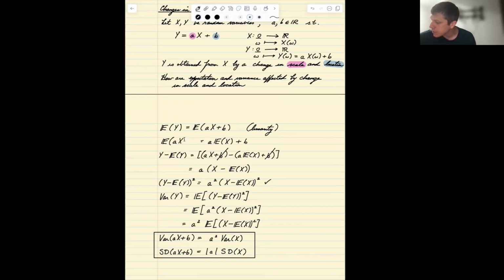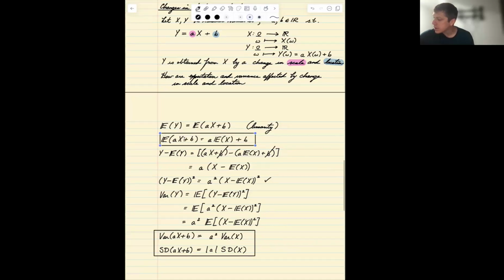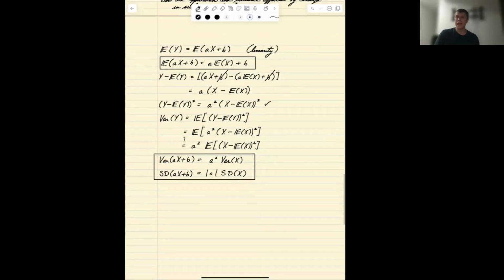And we saw that here. So if we shift by b, the expectation also shifts by b. If we scale by a, the expectation also scales by a. For variance, though, variance is only affected by the scalar multiple a. It's not affected by a shift.